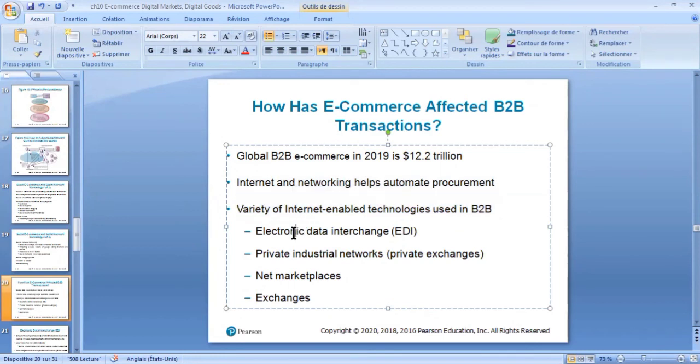And these mechanisms include electronic data interchange, EDI, the private industrial networks, the net marketplaces, and the exchanges.